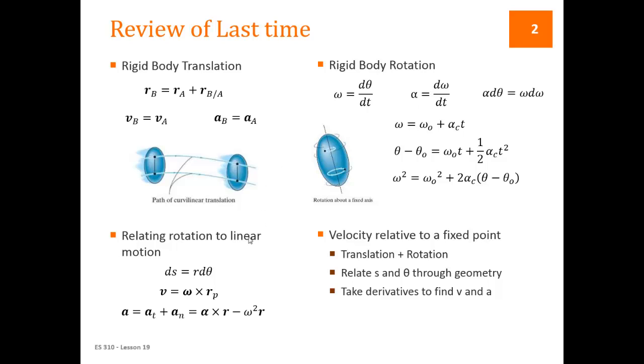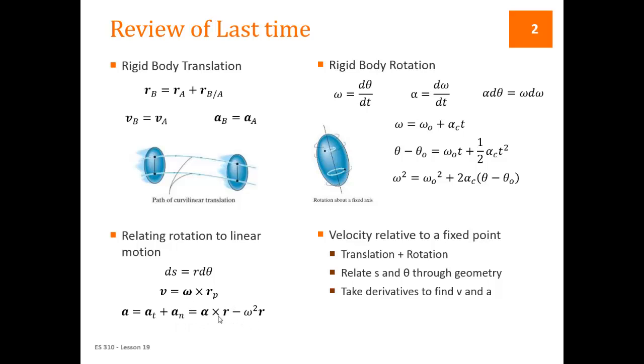We can relate rotation to linear motion through the geometry that says that the arc length is equal to r times the enclosed angle. Taking derivatives of that, the velocity is equal to omega crossed with r, and the acceleration is equal to the tangential part plus the normal part.